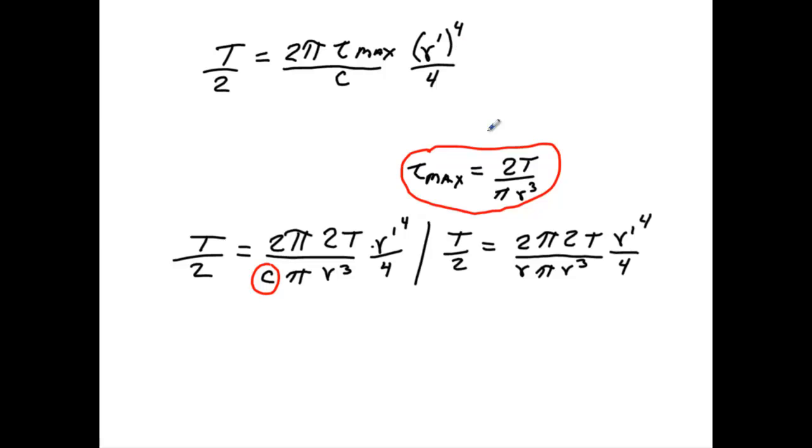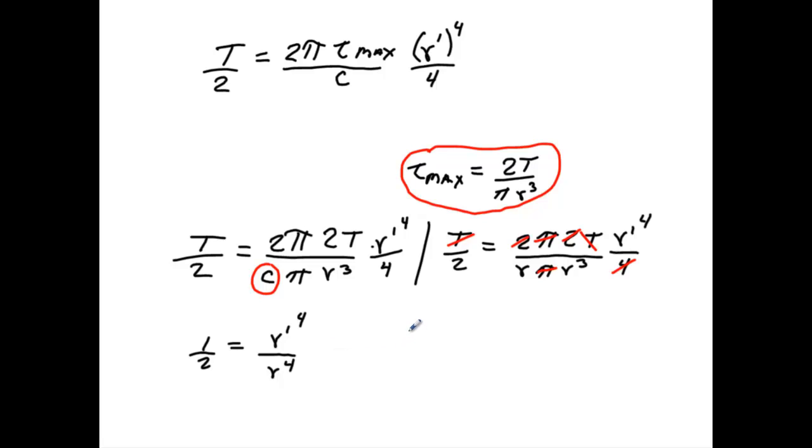Alright, now we can really start simplifying. This is gone, this is gone, this is gone, this is gone, this is gone. So now we're trying to solve for r prime. What I have here is 1 over 2 is equal to, oh, I need to cancel my t out too right here, because I canceled it out here. 1/2 is equal to r prime to the fourth over r to the fourth.